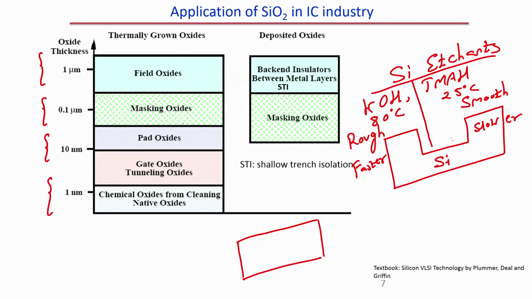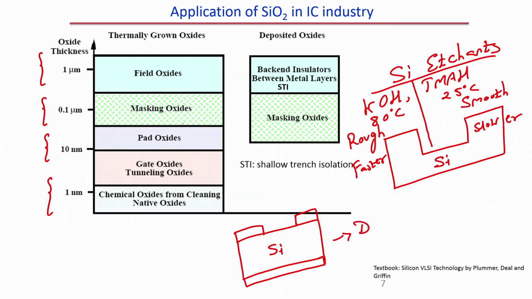So, the point is, if I want to etch silicon in this particular fashion from a given substrate of silicon, how can I etch it? One way is to protect the silicon with the help of silicon dioxide by patterning silicon dioxide in this fashion.